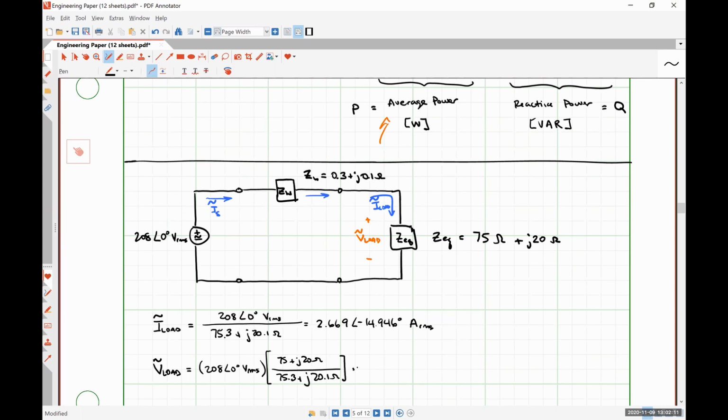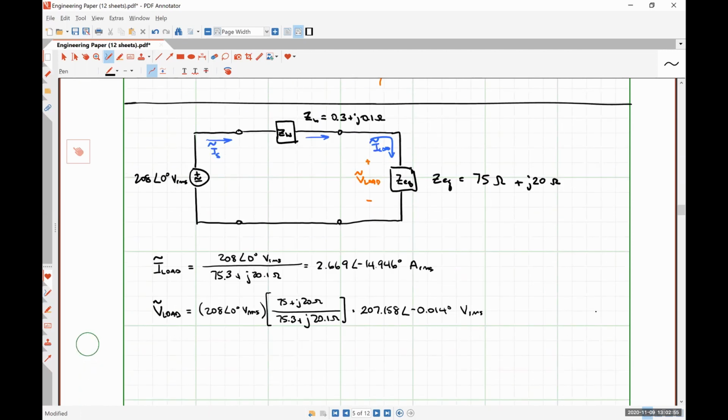And so we'd have 207.158 with an angle of negative 0.014 degrees volts RMS.